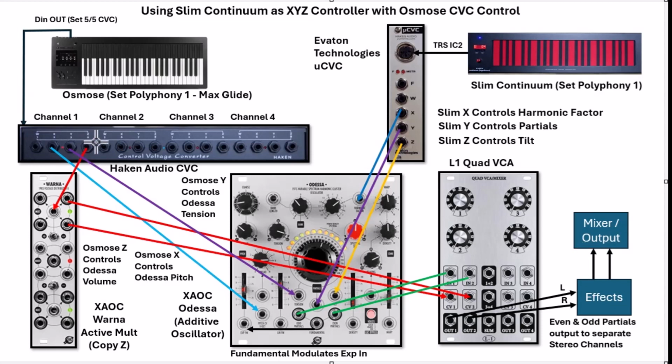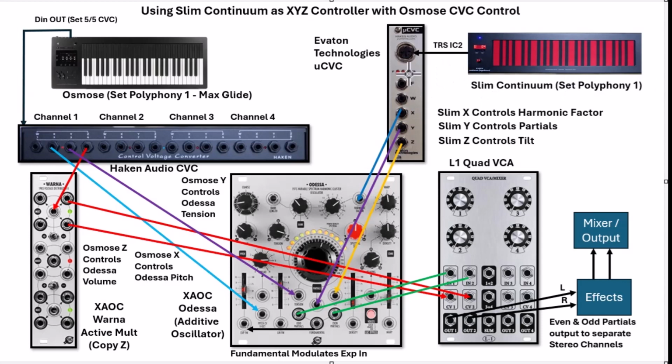Y from the Osmose is going to be sent and control the tension input, and on the Slim Continuum side we connect the Slim Continuum to the uCVC with a special cable that comes with the uCVC that connects to the TRS I squared C output of the Slim Continuum, and then the uCVC will map to fingerboard, again set polyphony 1.